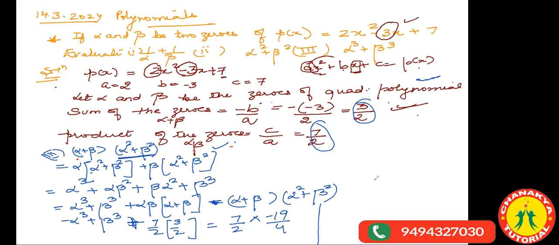Now solve them. Then alpha cube plus beta cube is equal to minus 76 by 8, then minus 21 by 4. Now children, take LCM 8. It will be minus 76 only, 4 twos are 8, so it will be 42.